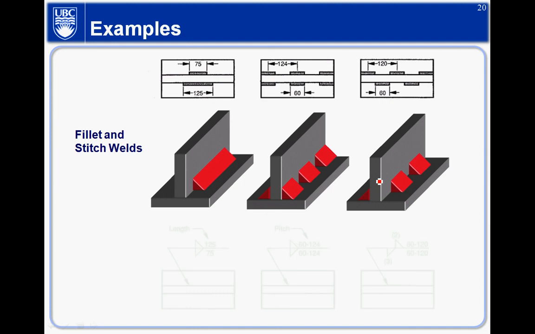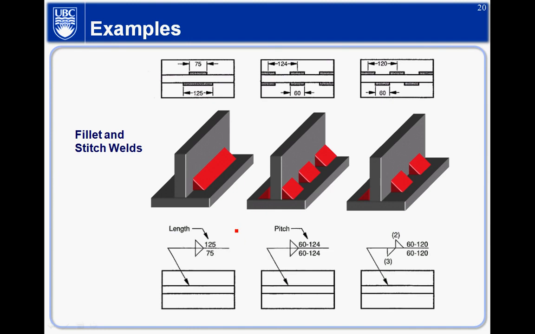In terms of the symbol, this is basically what you can use here. When you point the arrow to this side, it's pointing to this side here, so that's 75, and 125 on the other side. And this is 60, 124.